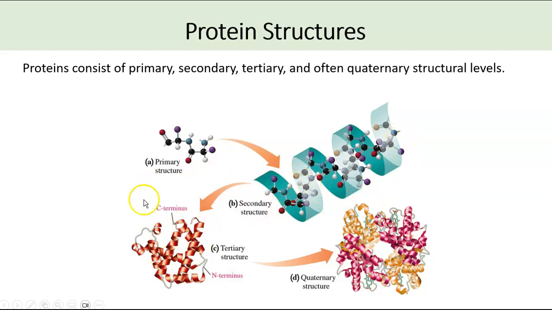Then the secondary structure will organize to make the tertiary structure by those different types of interactions, which maintain the shape of the tertiary structure. By combining multiple tertiary structures together, the quaternary structures are formed. So these are the most complex proteins. This is how the protein structures are designed or organized, starting from a single amino acid.